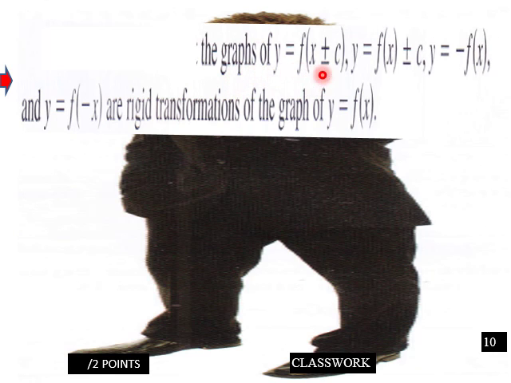Okay, the graphs of y equals f of x plus or minus c, y equals the negative f of x, and y equals f of negative x are rigid transformations of the graph of y equals f of x.